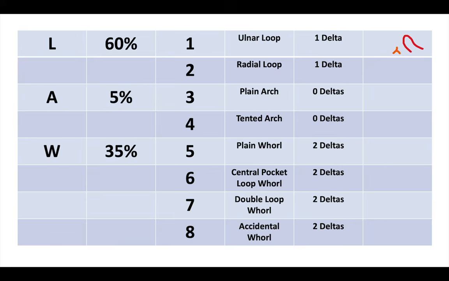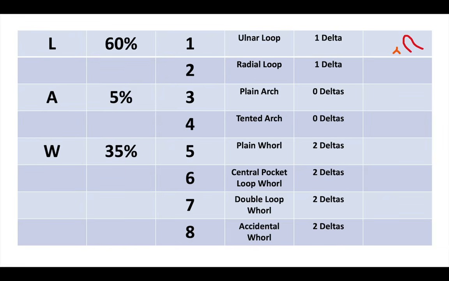And if we just draw this in here, your ulnar loop, if this was a right hand. Now if this is an actual print and you're printing it on a sheet of paper, notice how they enter and exit towards your pinky finger, because now your hand is facing down. Your hand is not supine, but prone. In other words, you're making a print on a table, on a sheet of paper.